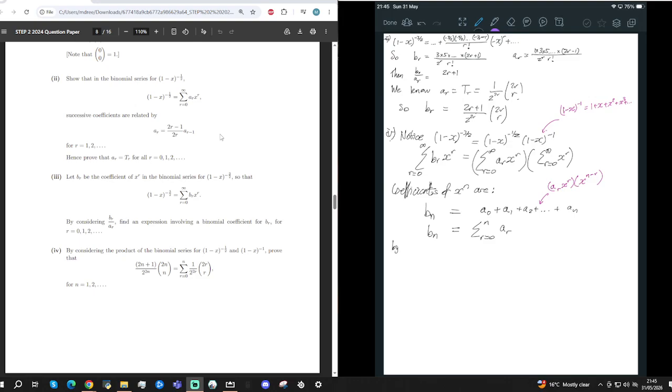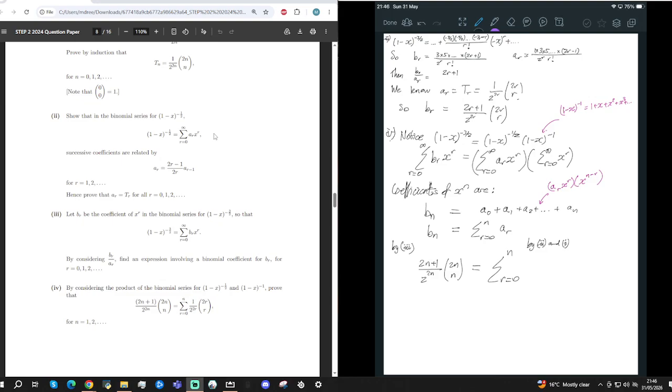So by part 3, bn is 2 to the n plus 1 over 2 to the 2n, 2n choose r, equals the sum, r equals 0 to n, and then the other side is really by part 2 and part 1. By part 2 and part 1, because the ARs are the TRs, and the first part of the question, if I scroll slightly up, tells us what the TNs are.